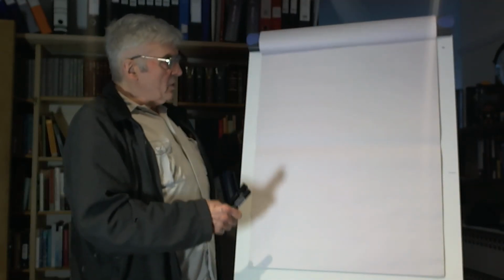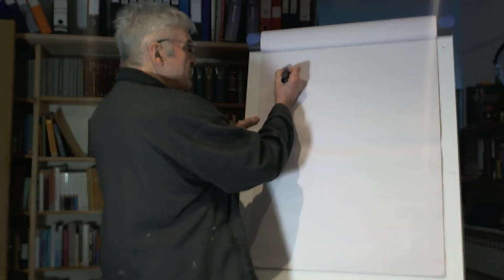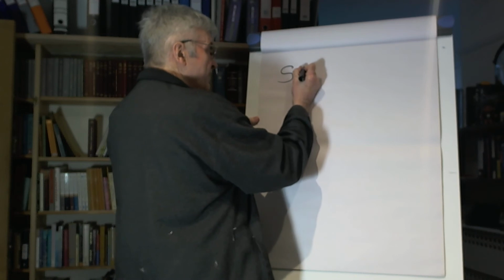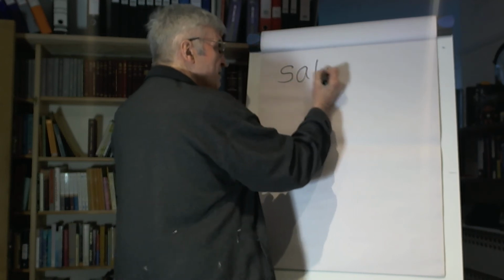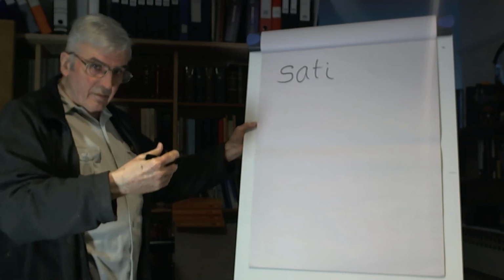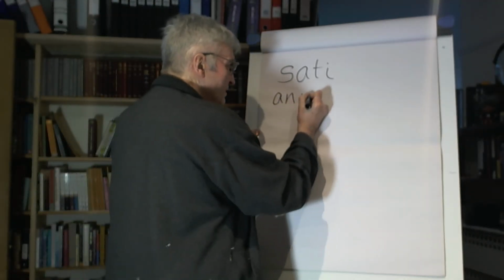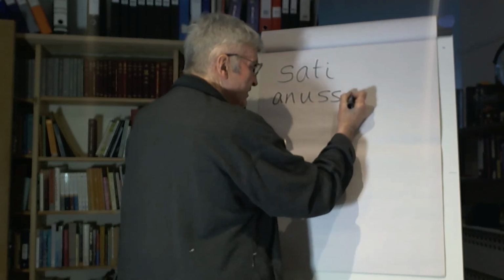Let's now look at the Pali word for mindfulness, sati. And if you contemplate something or remember it, it's anusarati.